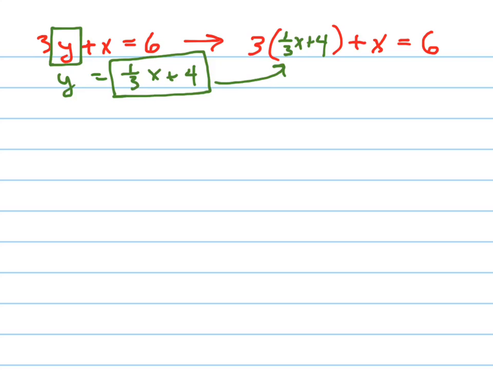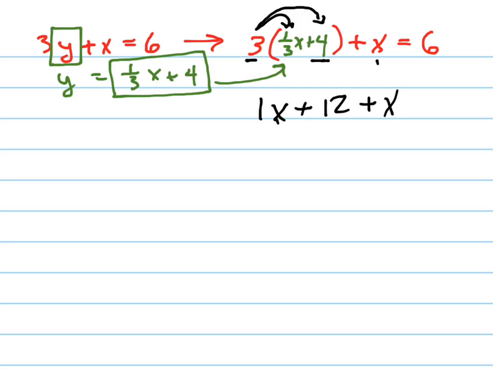Now I distribute. I'm changing to black so you can see, distribute that and that. When I distribute that in, 3 times 1/3 is just 1x. I don't even need to write it, but I will. 1x plus 3 times 4. Don't forget to distribute that 3 to the 4 also. 12. So there's my distributing.